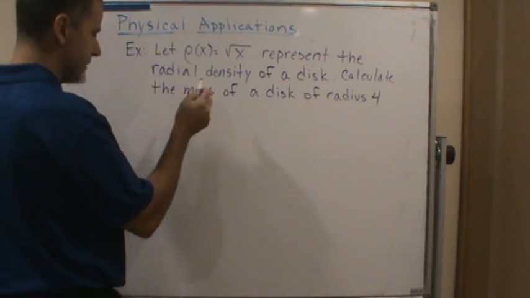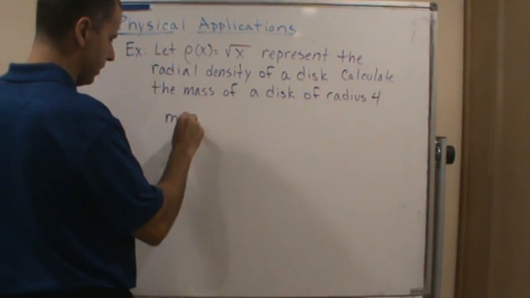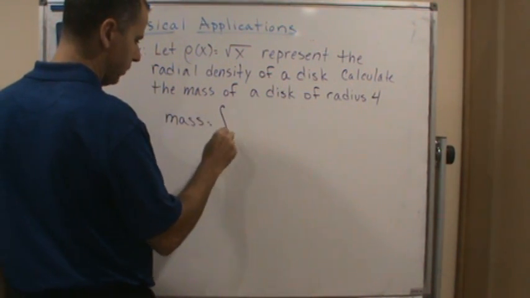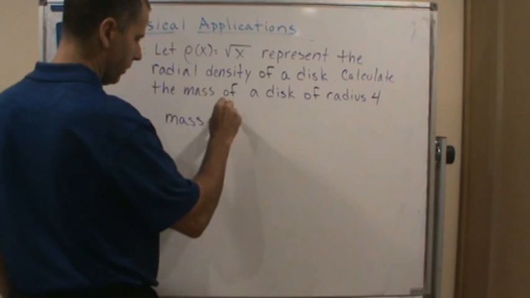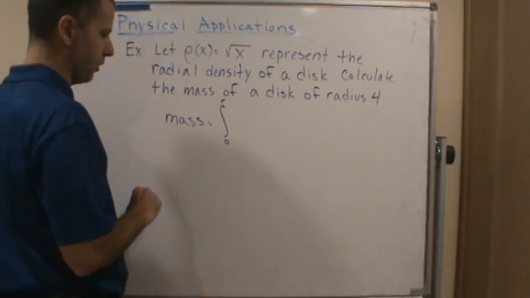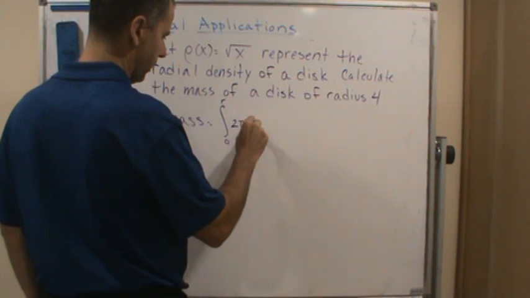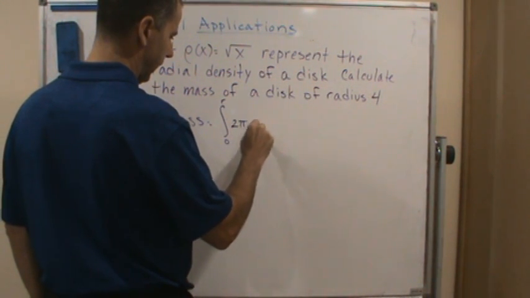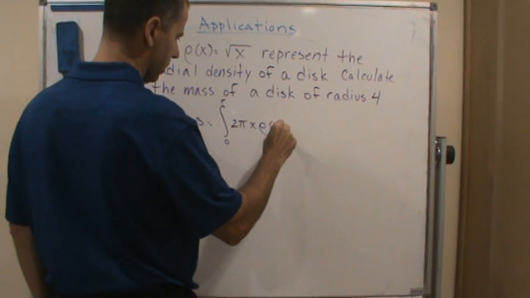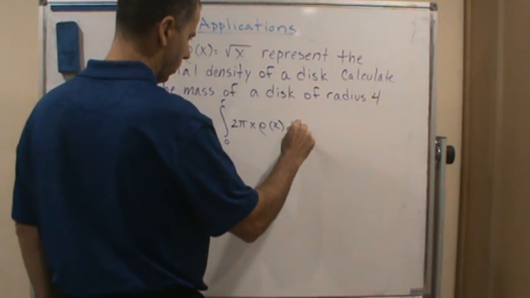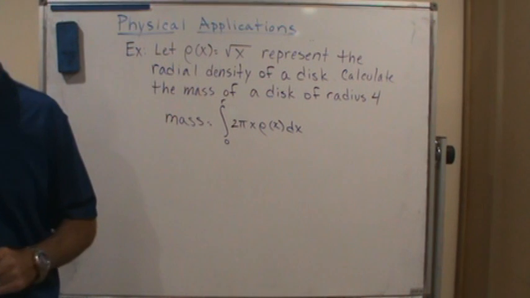So we know that in this situation the mass is going to be equal to the integral from 0 to r of what? 2 pi x rho of x dx.